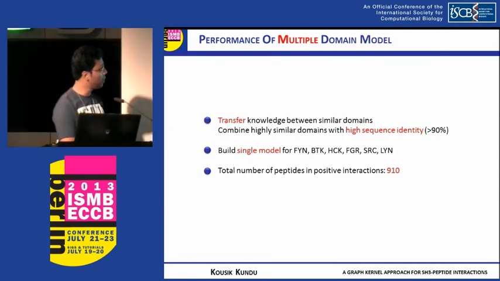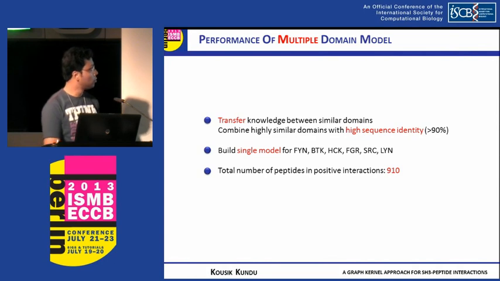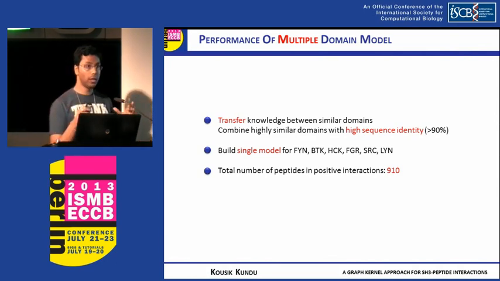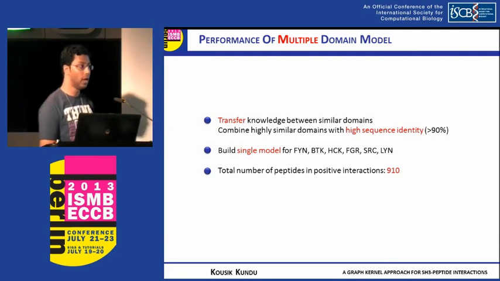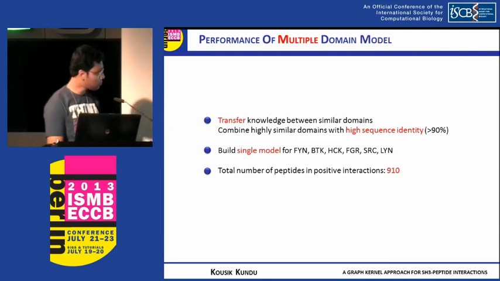For example, we built a model for these 6 SH3 domains, which have very high sequence similarity. When we combine all the interaction data of the 6 SH3 domains, we get 900 positive interactions. But if you use a single SH3 domain, you might have only 100 to 300 interactions.